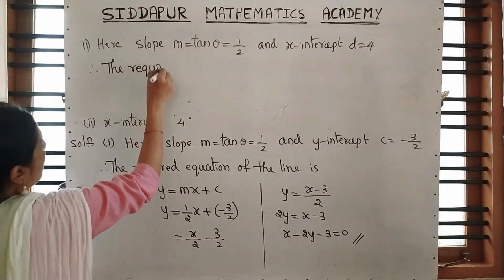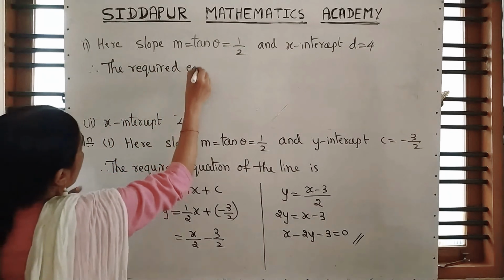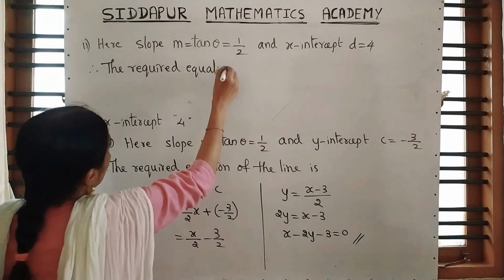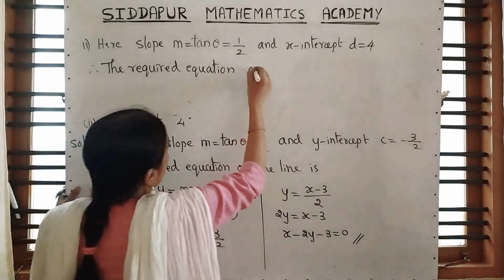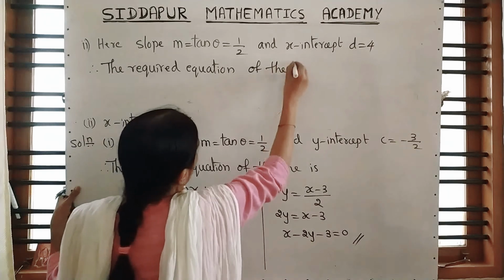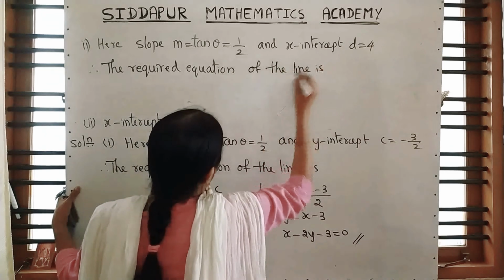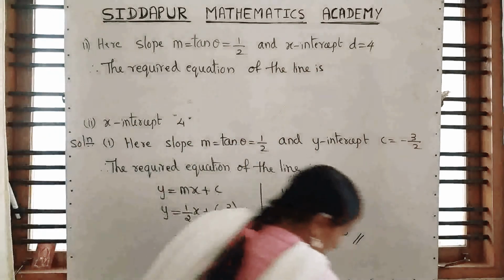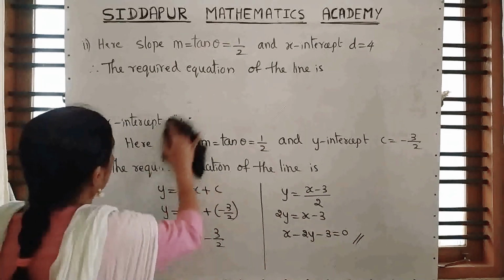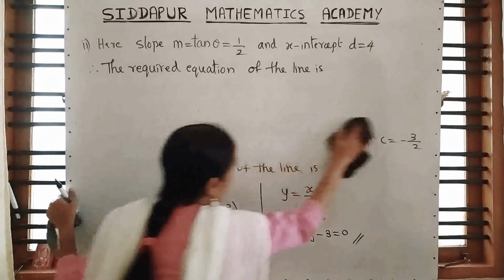the required equation of the line is y is equal to m in the bracket x minus d.